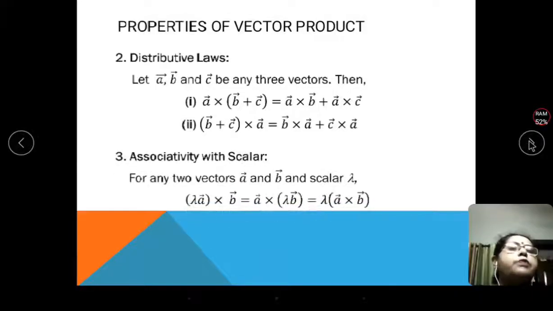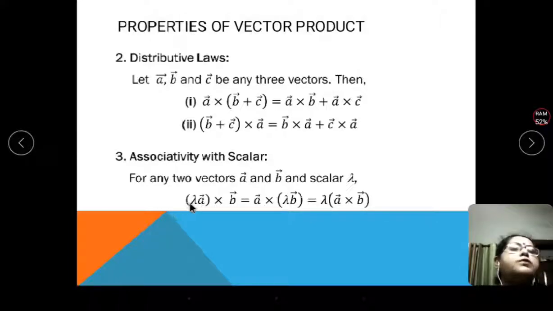And the third property, associativity with scalar. So now if we have two vectors A and B and the scalar lambda, (lambda A) cross B is equal to A cross (lambda B) is equal to lambda (A cross B). So see that the scalar lambda can take any position. We can play around with the position of lambda.